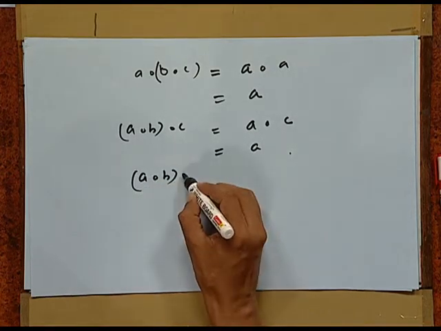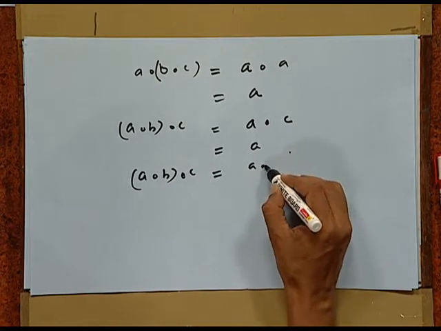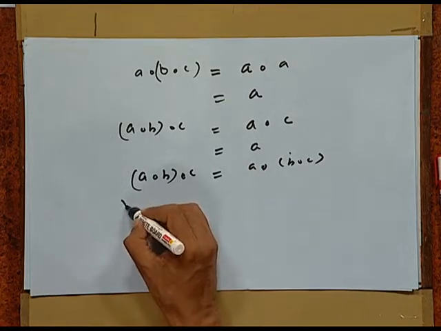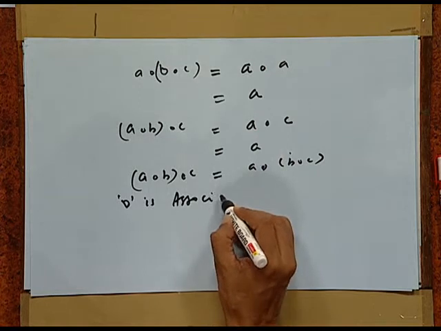So, (A O B) O C is equal to A O (B O C). Hence, O is associative.